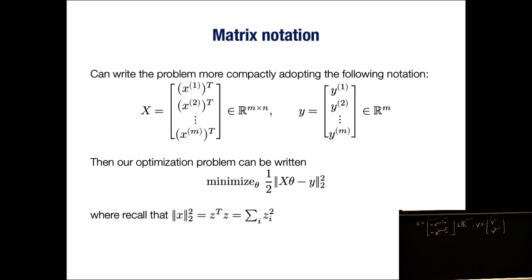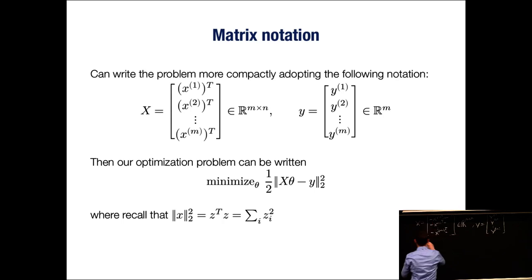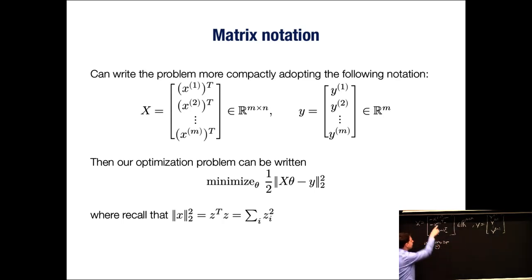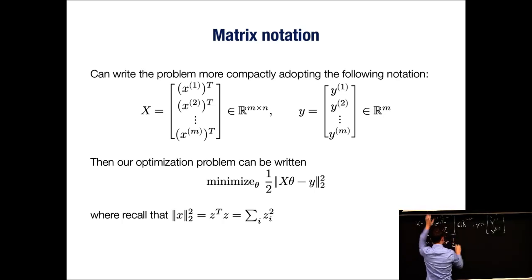All right. So now the key part is that I'm going to claim I can write this thing as this. Still the same, minimize over theta. But instead of that thing, oh, I forgot a 1/2 there. 1/2 the norm of X theta minus y, the Euclidean 2-norm squared.